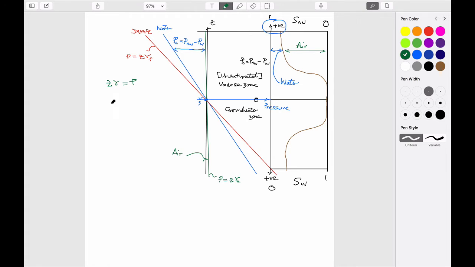And so if we just wanted to rearrange that, you could take pressure and divide it by unit weight, and that would give you elevation. So if you want to convert from pressure going upwards to elevation going upwards on this axis, so these are congruent with each other, then you just have to use this conversion here. Nothing more than that.